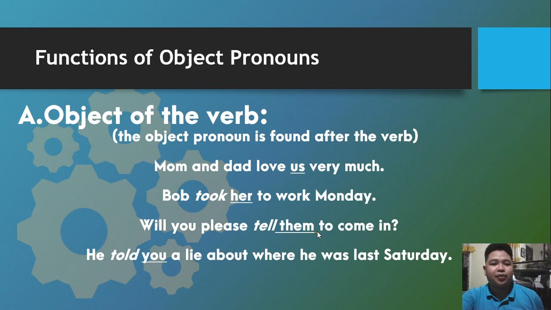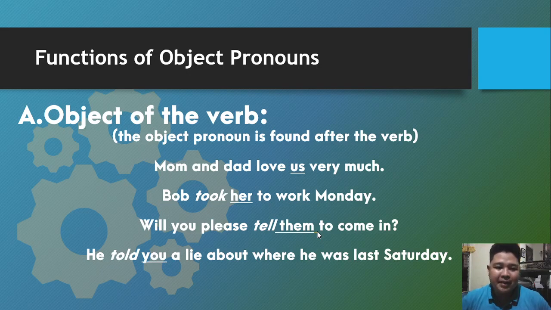All right, so the different functions of object pronouns. Again, first, object of the verb, and second, object of the preposition. For object of the verb, the object pronoun is found after the verb. Let's talk about one example here. Mom and dad love us very much.